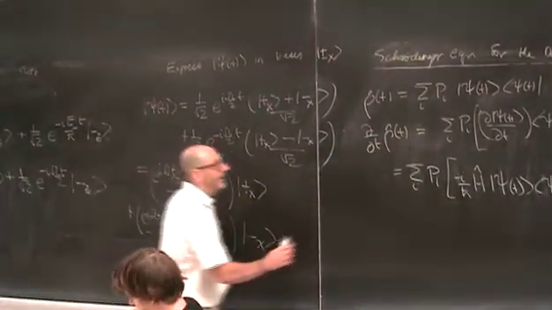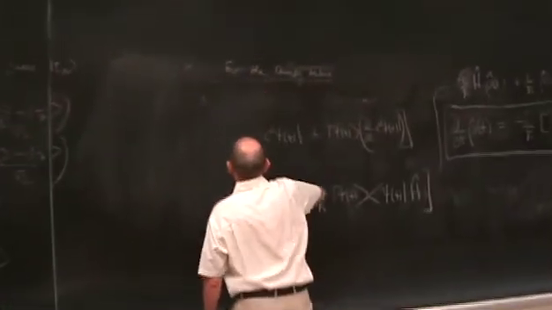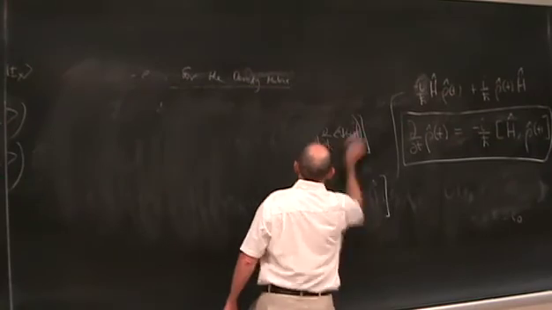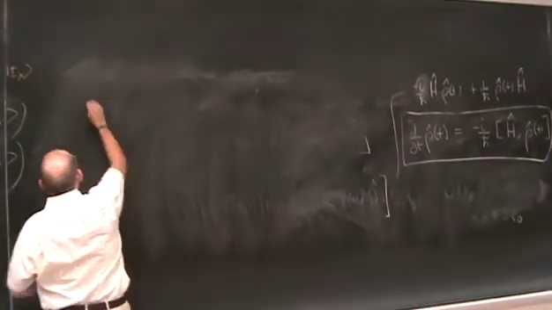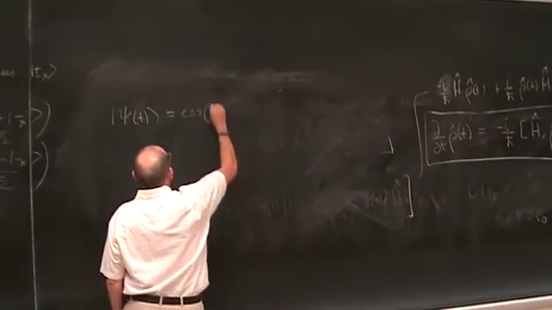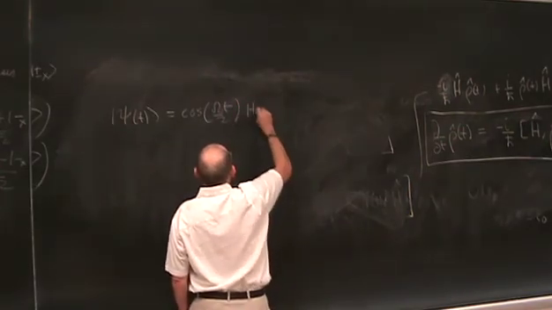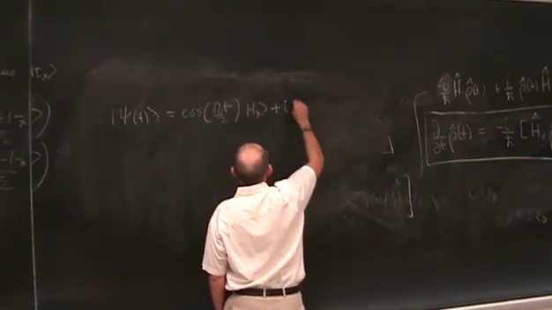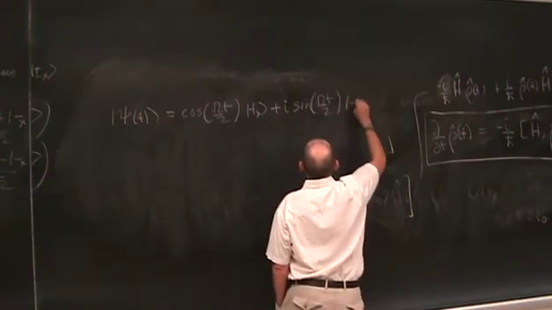Which is sine and cosine. So with respect to the x basis, we have cosine of omega t over 2 spin up along x plus i sine omega t over 2 spin down along x.